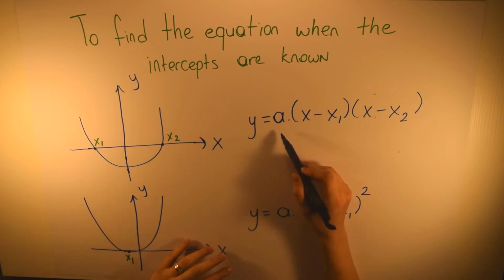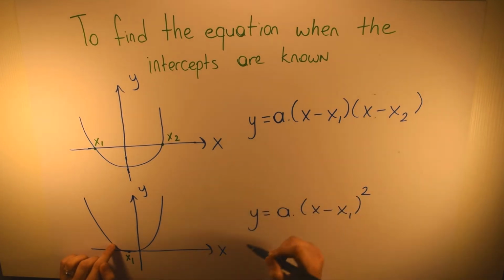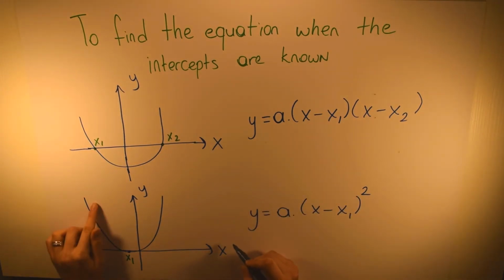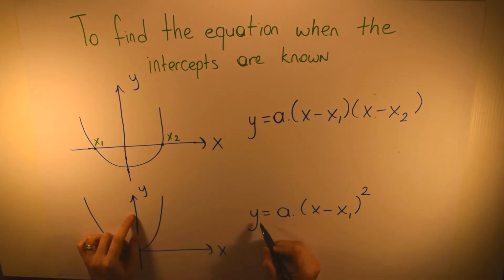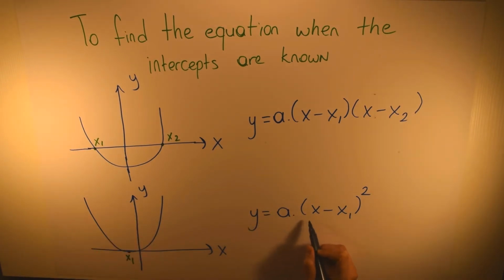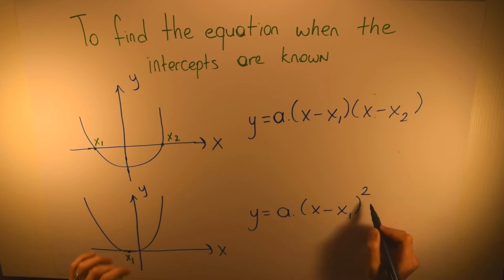And when the equation has only one x-intercept, where the parabola just touches the x-axis, you will use this formula: y is equal to a times (x minus x1) squared.